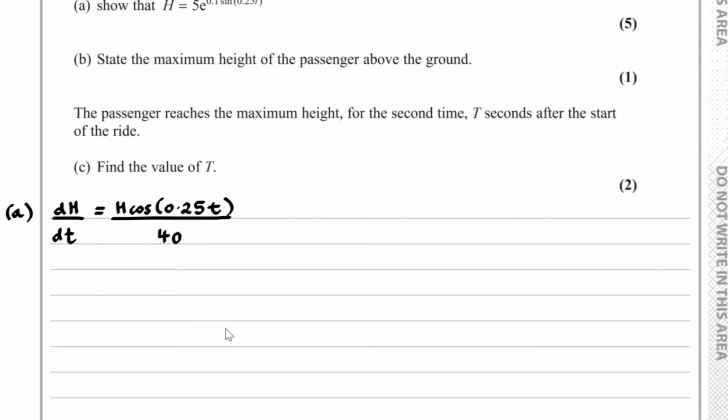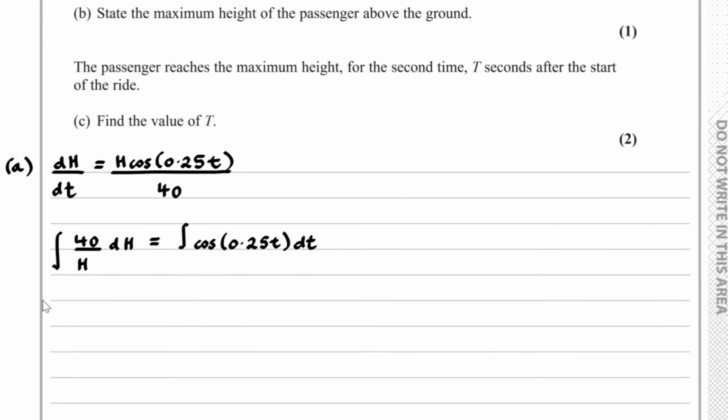Our first step would be to separate the variables. And if we separate the variables, we have 40 over h dh, and that's equal to cos of 0.25t dt. And when we separate the variables, we need to integrate both sides.